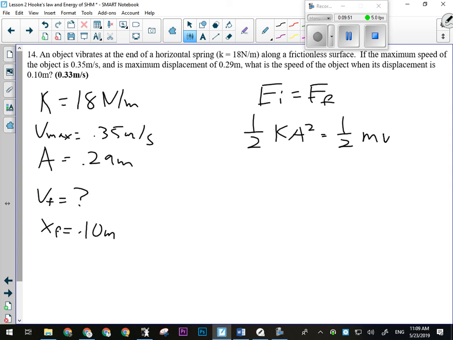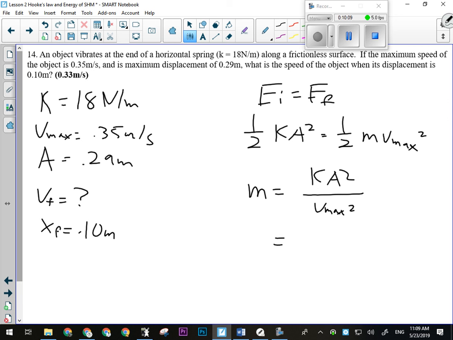I can solve for mass because I have the other three things in that formula. So that's the first thing I want to do. Mass will equal k A squared divided by v max squared. The halves cancel off.